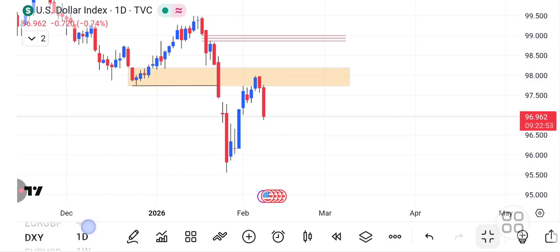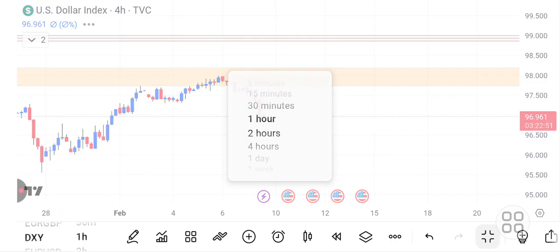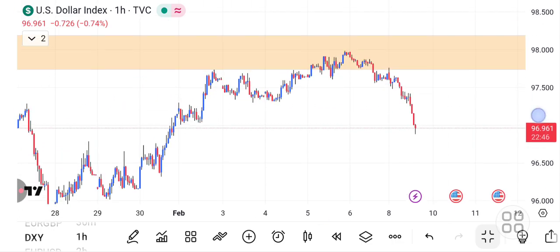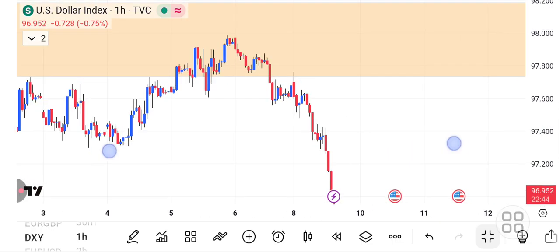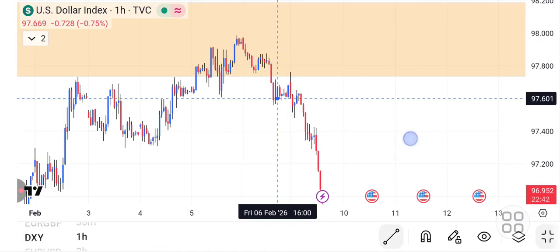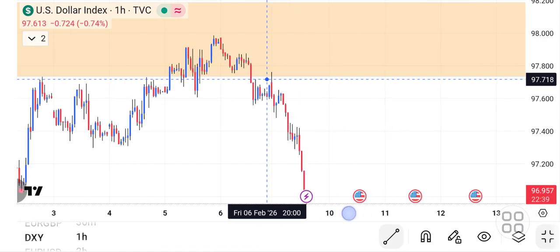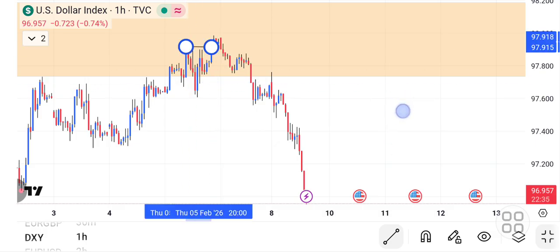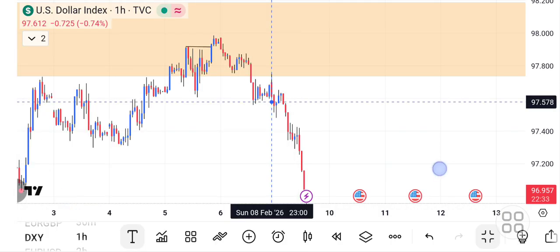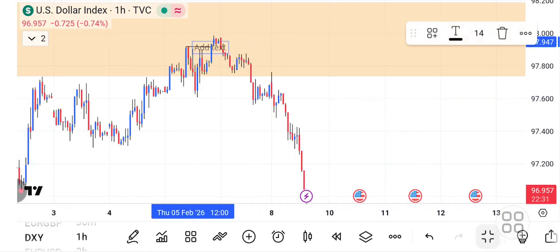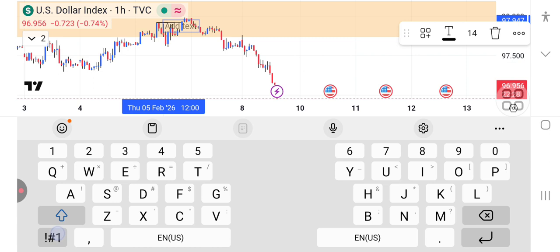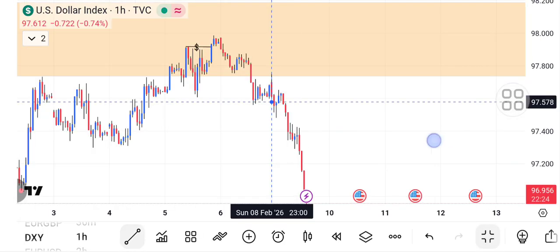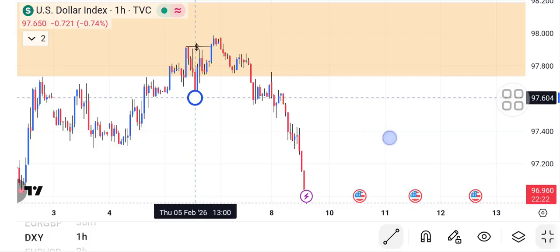So going back to the 1 hour, I wanted to see a market structure shift on the 1 hour. After price hit into my zone, what next? After price swept liquidity above that zone, I got a market structure shift right here.